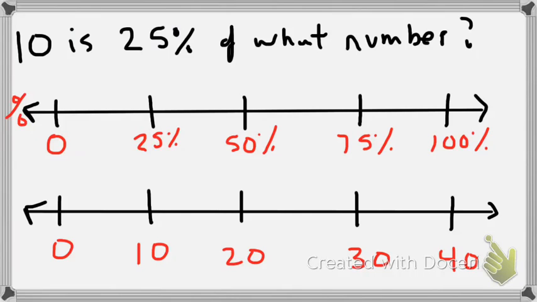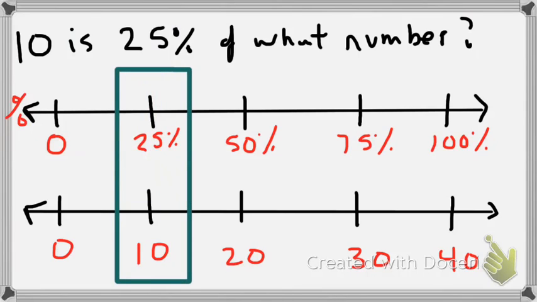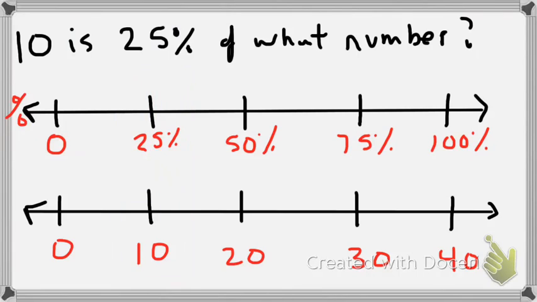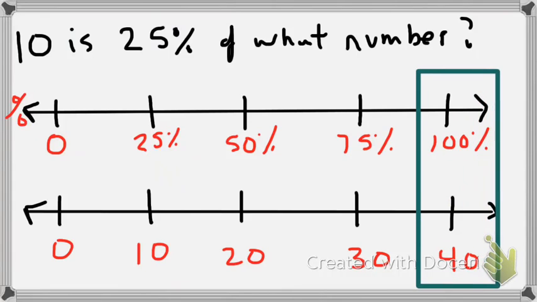So it's important that you keep the lines on each number line together. So we can see that 100% would be 40. So my answer would be 10 is 25% of 40. So if you had a test with 40 questions and you only got 10 right, your percent would be 25%.